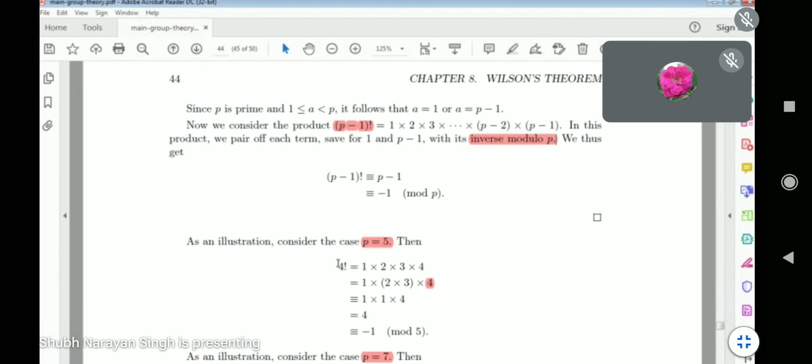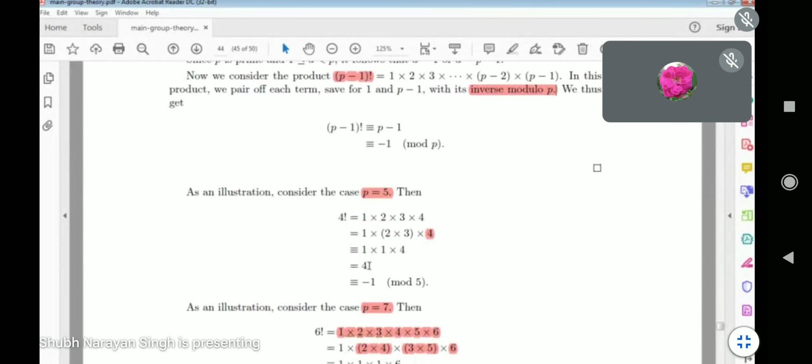I did the same thing in the 3 examples, and after making the pairs, we observe that in the modulo p system we will only get the element p minus 1. So p minus 1 factorial is congruent to p minus 1 modulo p, and p minus 1 in modulo p system is equal to minus 1. That's why p minus 1 factorial is congruent to minus 1 modulo p.